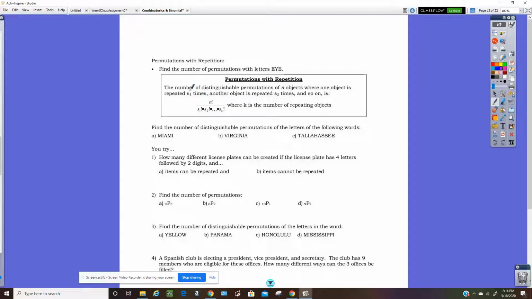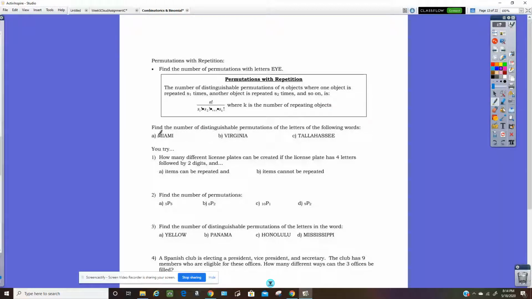So the number of distinguishable permutations of n objects where one object is repeated s sub 1 times, another object is repeated s sub 2 times, and so on, is n factorial over the repeated factorials: s sub 1 factorial times s sub 2 factorial, and so on, where k is the number of repeating objects. So it says find the number of distinguishable permutations of the letters of the following words.